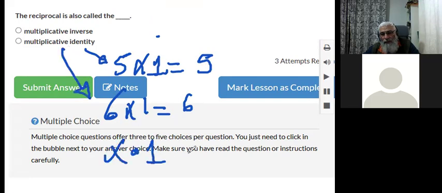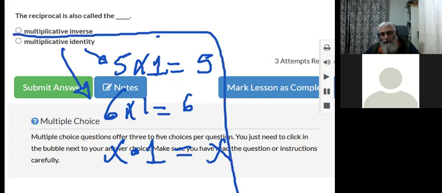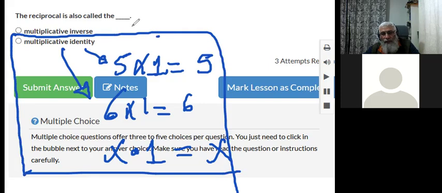X times 1 is just X. This is multiplicative identity. Reciprocal is something different. Reciprocal means if you multiply a number, 1/2, times its reciprocal, which is 2/1, you get 1. The result will be 1. This is multiplicative inverse.